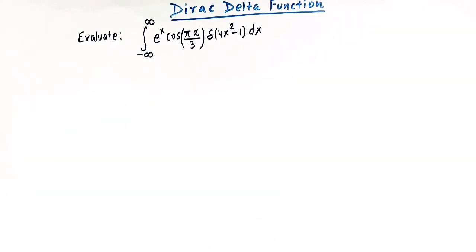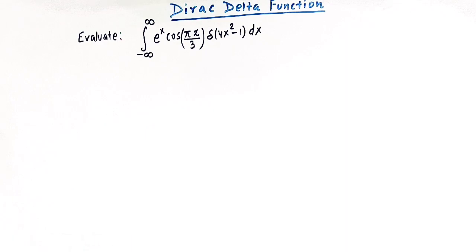Hello viewers, in today's class we are going to discuss yet another important and very conceptual problem from the Dirac delta function, right? We have already uploaded a number of problems related to the Dirac delta function in our previous lectures.